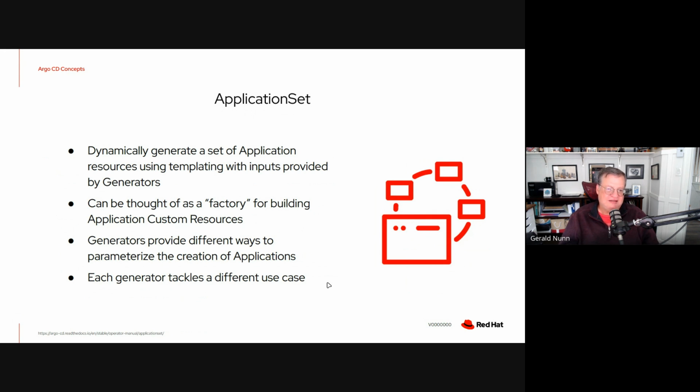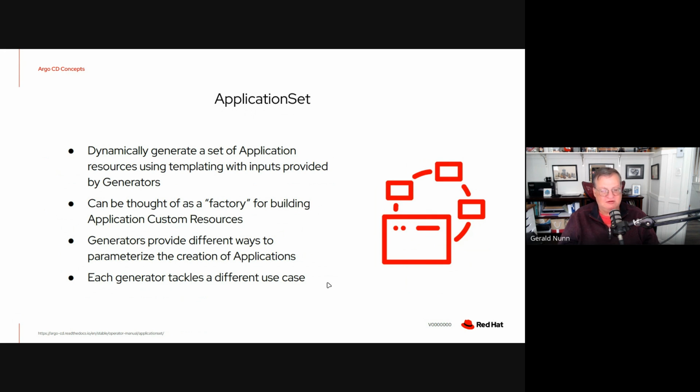So I can take an application set with a Git generator, point it at a Git repo, and tell it to create an application for every directory it finds in the Git repo, right? So if I add a new directory, the application set will automatically create a new application for me, right? So it really allows you to manage your applications a little more holistically, and you can think of it as a kind of factory for building these applications based on the generator that is being used.